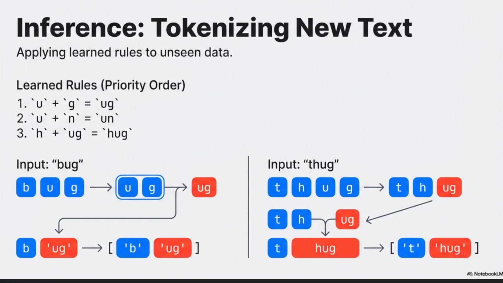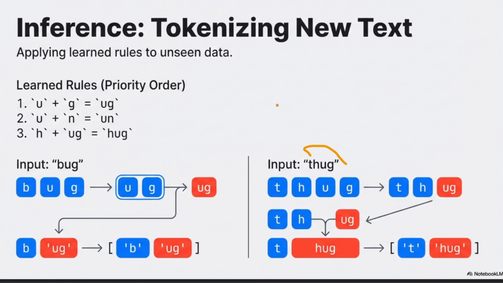Okay, now once the training is done, we have a list of merge rules. Now suppose the model sees a word it has never trained on, for example, THUJ. It starts by breaking it into characters, then it checks its rules.